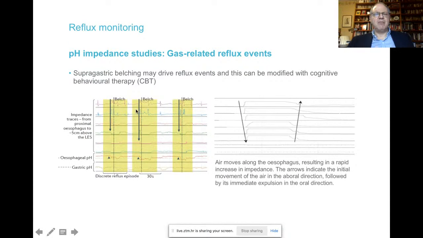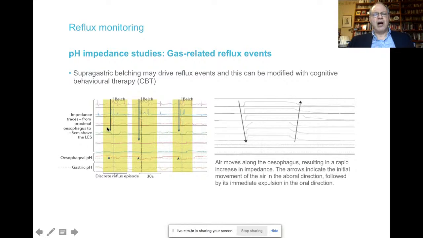This is an example of an impedance tracing where we can see little pH drops, acid reflux episodes, and impedance-detected reflux. And you can see that before the drops in impedance, there are spikes. These spikes are due to air movement.